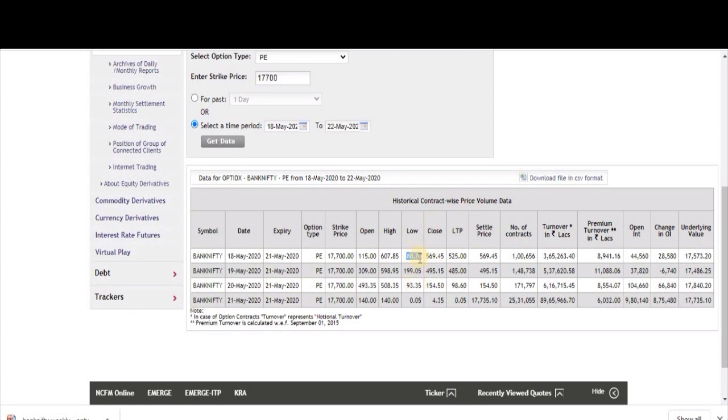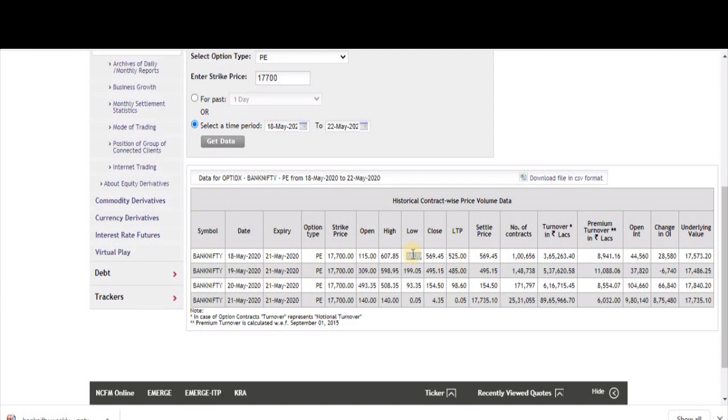If you buy this at 100 rupees, one lot, it means 20 quantity into the premium, which we consider 100 rupees, so 2,000 is your total investment. I'm just talking about 2,000. You can go for 4,000, 6,000, 8,000, 10,000. You could basically go with 10,000 rupees, 5 lots. But I'm just talking about one lot here.